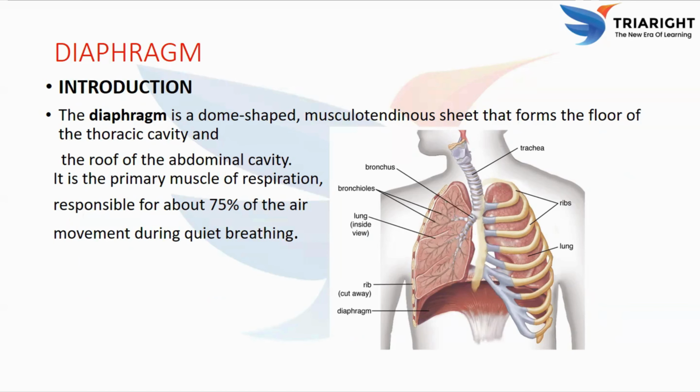The right dome is slightly higher because the liver lies just beneath it. Whereas just below the left dome, the stomach and spleen are present, so it is lower. So the shape is not flat. It curves upward into the chest cavity.